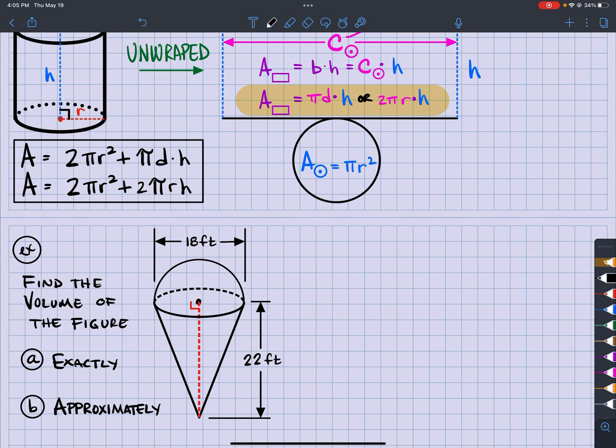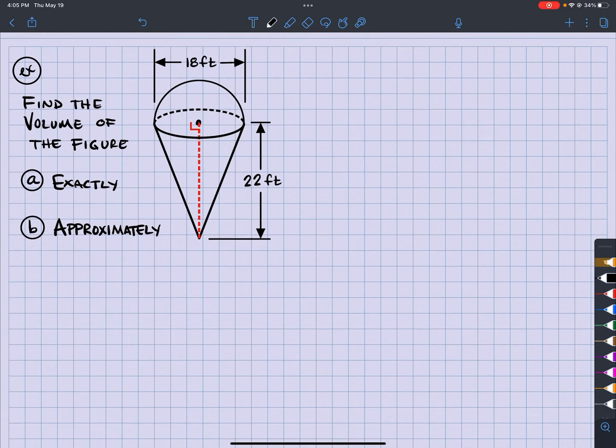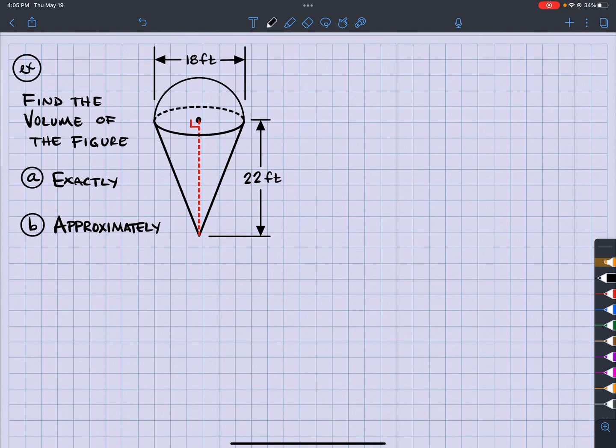All right. So let's do this example right here. Find the volume of the figure to the right. So the total volume is equal to what? Well, what do I have right here? What I have there is a half of a sphere.